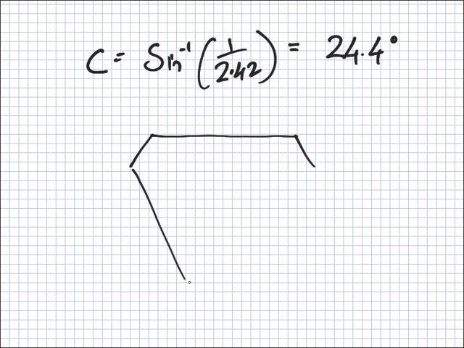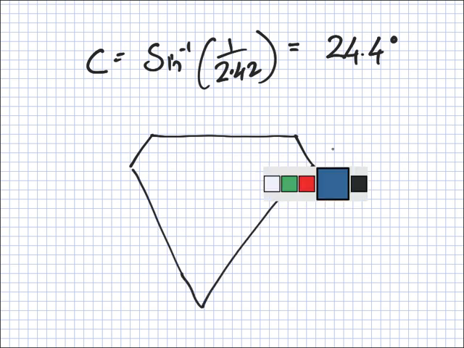Now, what is the meaning of that angle? Imagine you have some light inside your diamond, and you want the light to come out.